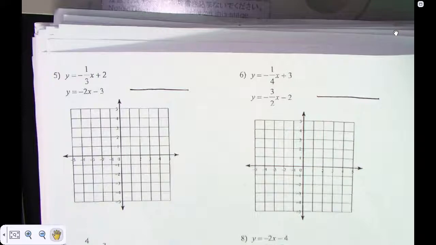Negative goes down. Negative goes left. Or you can put the negative on the bottom. Negative 1, 2. I was going to learn you to do this. That's great, then.